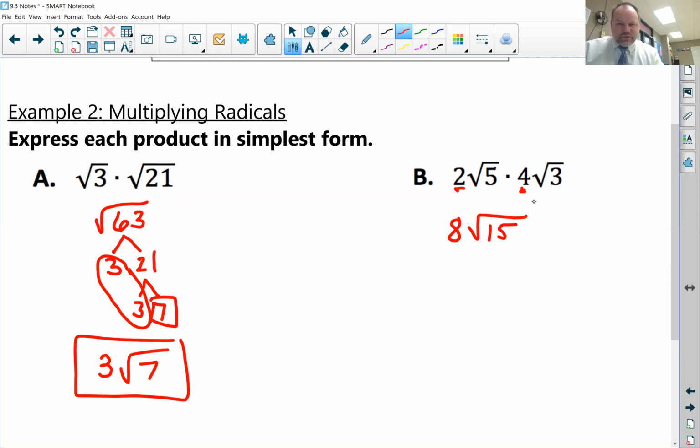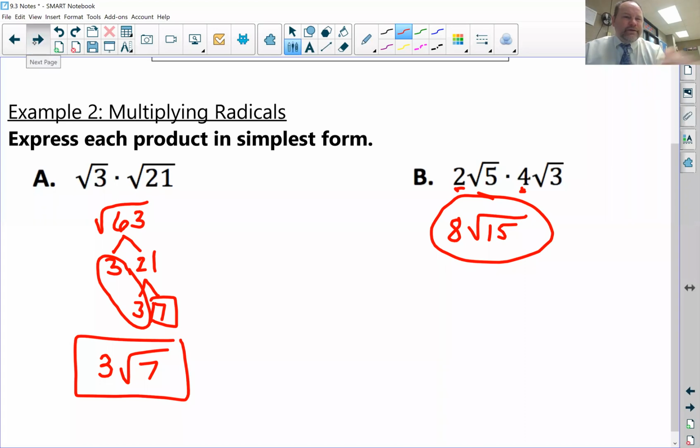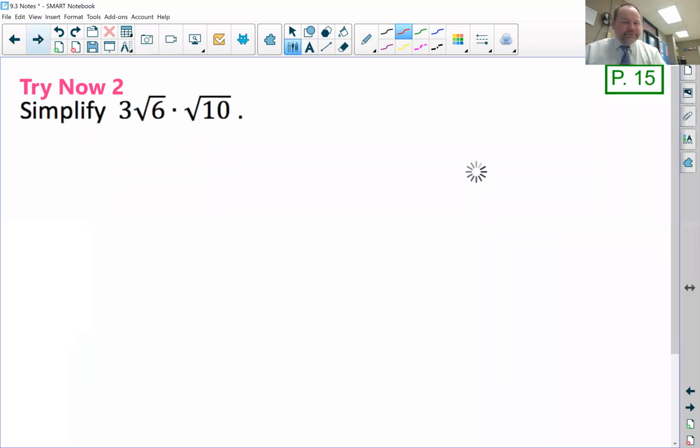The only other perfect square is 1. So that means 15 can't be simplified any further. This is the simplest form. All right. Again, one for you to try.